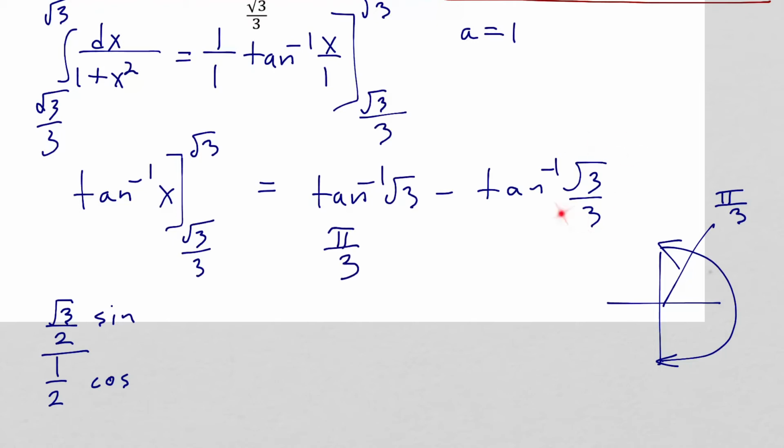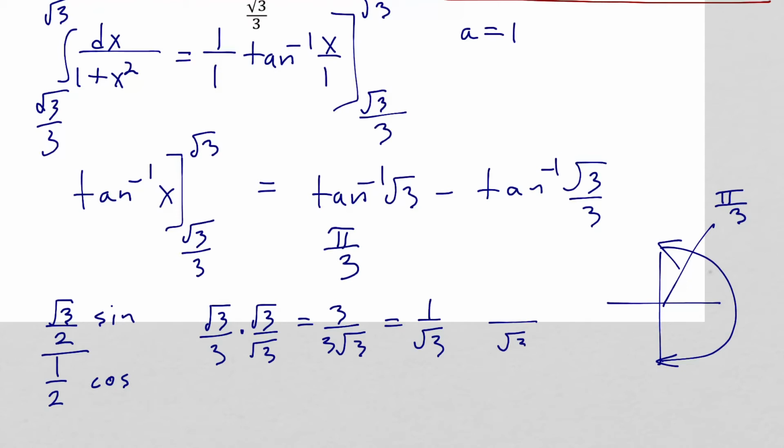Now let's think about this tangent here. So radical 3 over 3 is another way of writing. If we unrationalize that, so to speak, we can see that this is 3 divided by 3 radical 3, which is 1 over radical 3. So that means my radical 3 was in the denominator this time, and my 1/2 was in the numerator.